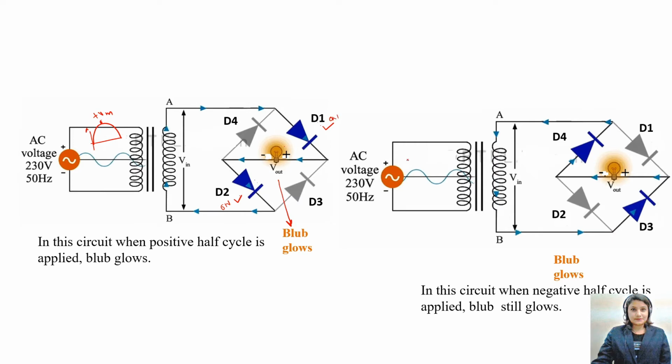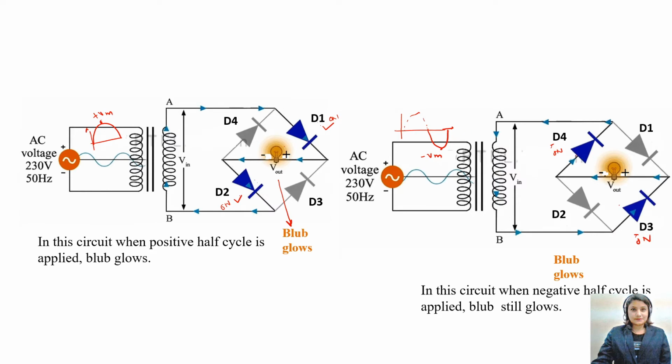And at the primary, now I am applying the negative cycles. When I apply a negative cycle with the maximum amplitude of minus Vm volts, now my D3 and D4 diodes are on. That is why these are shown in blue, because they are on in the negative cycles.